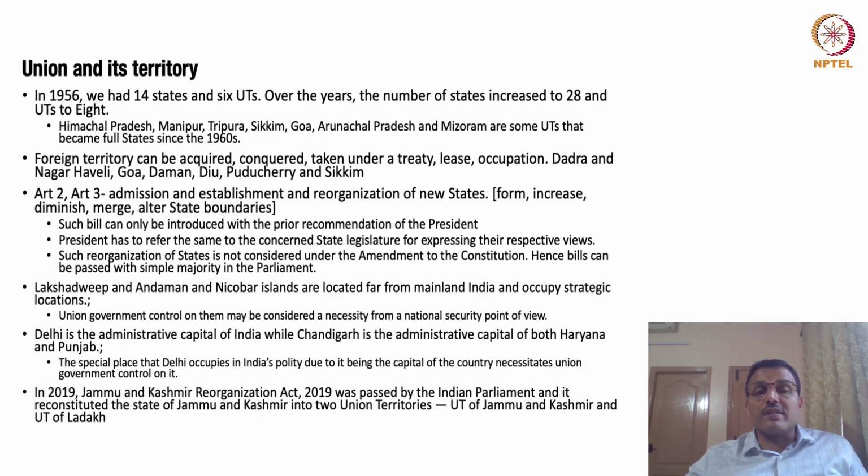Also, not to forget, friends, when we talk about foreign territory, there were many princely states in India, and many of these princely states had to be cajoled to join the Union of India and hand over their territories to India as well. You will notice that as much as 552 princely states were within the geographical boundaries of India.